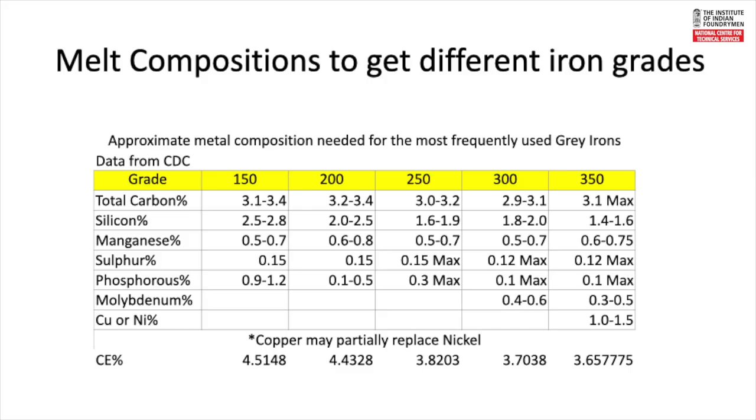But what you can see is the carbon equivalent goes down as the grade increases, because you will start getting more and more pearlite in the matrix. Do good nucleation, and then you will have a finer grain structure, finer graphite. So it will result in higher grades.